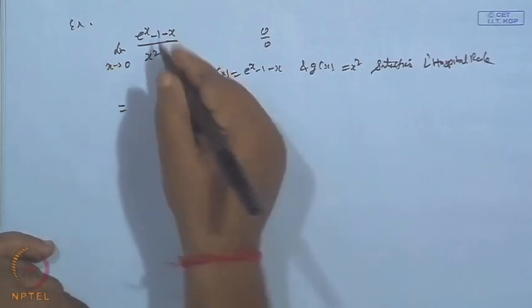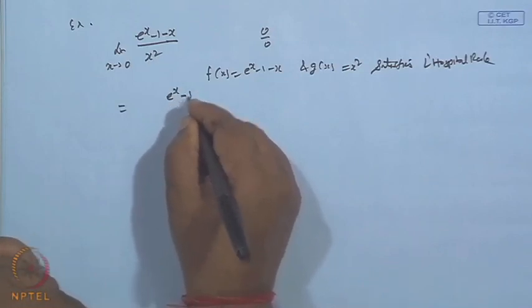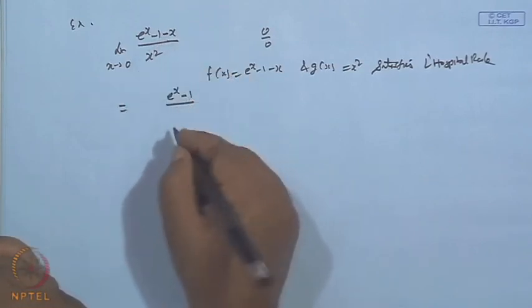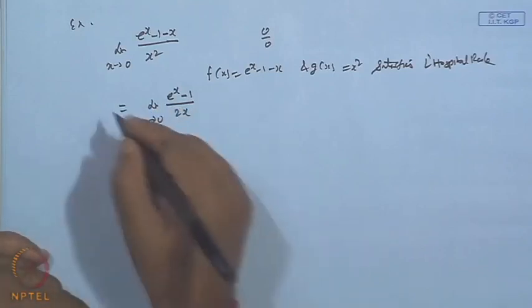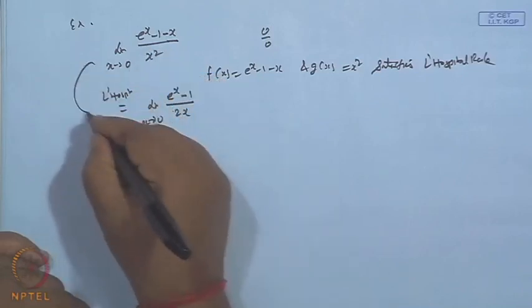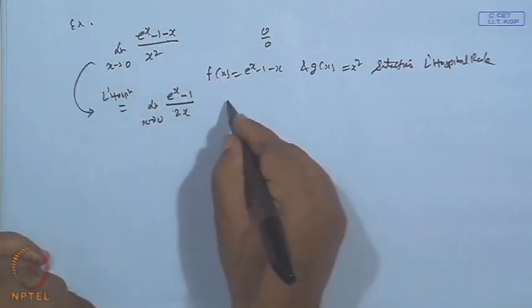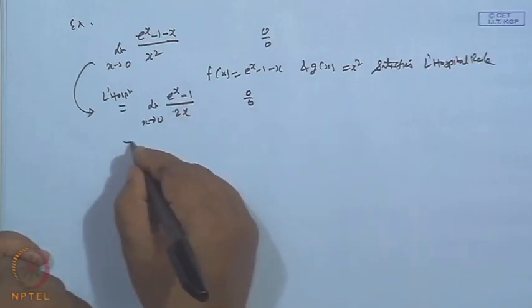By L'Hospital's rule, differentiate the numerator and denominator separately and then take the limit. So, by L'Hospital's rule this limit is the same as this limit, but again it is 0 over 0 form. So, again apply L'Hospital's rule.